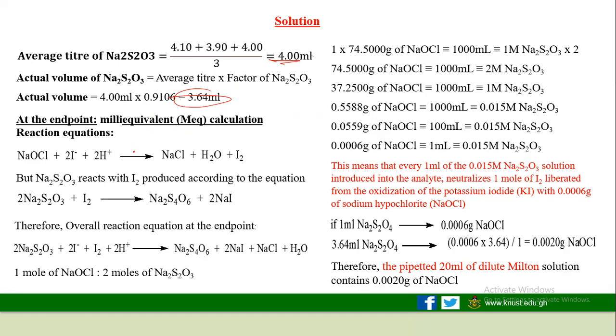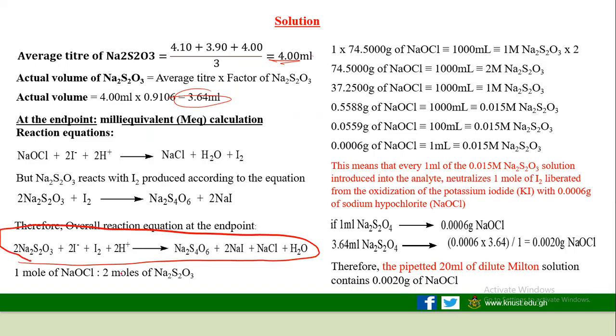equation, right? So this is an iodometry. Always the reaction occurs in 2 steps. The first one is liberating the iodine, and then the second one is the iodine reacting with the thiosulfate. Usually, as I told you, we get our mole ratio from the overall reaction, right? We get it from the overall reaction.